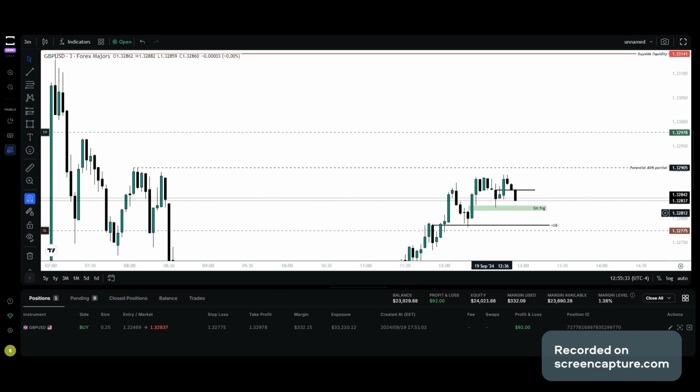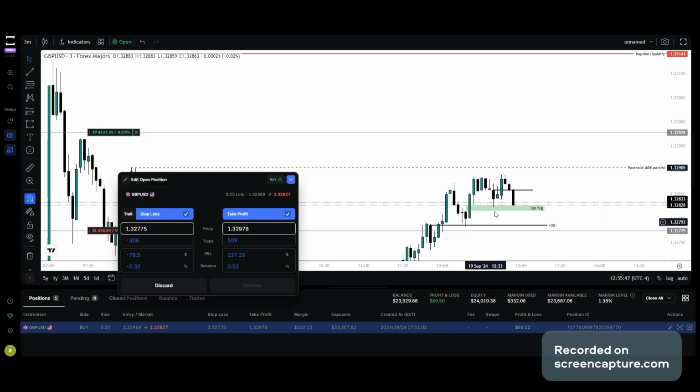Because it looks like price is just going to start its retracement now. Bearish retracement. I may just go ahead and move this up. Yeah, I'll go ahead and move it.